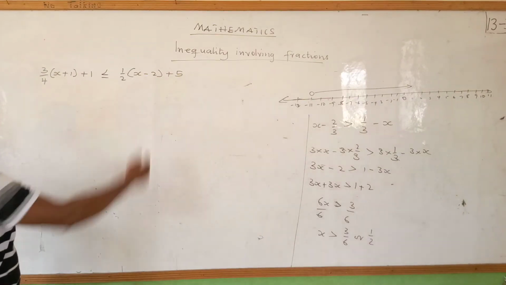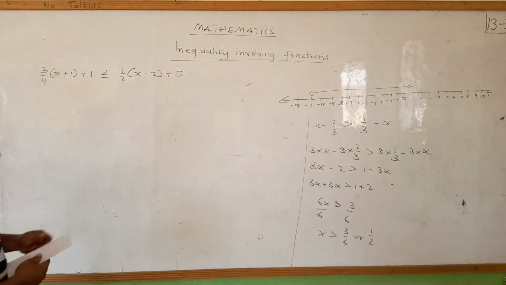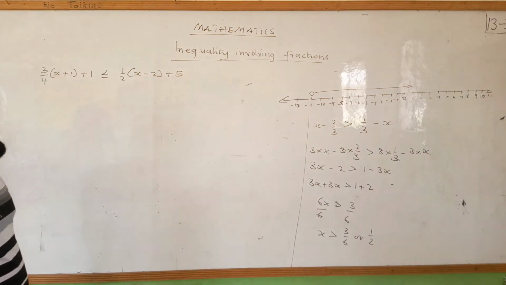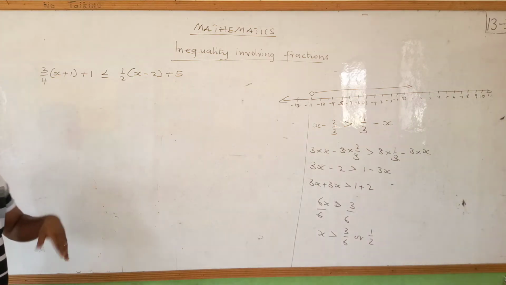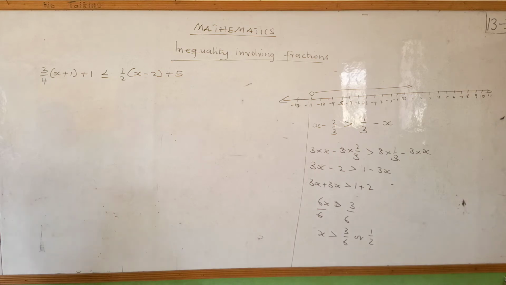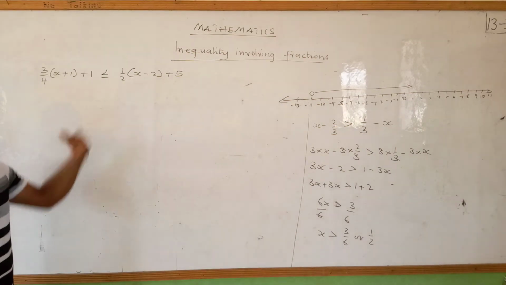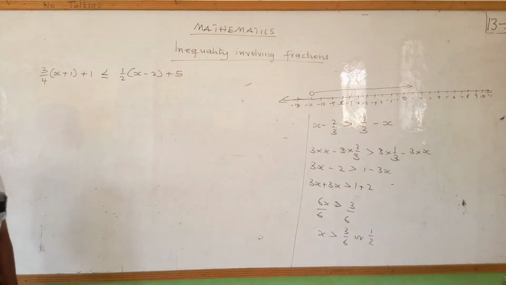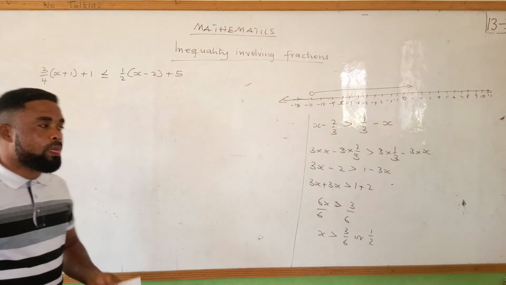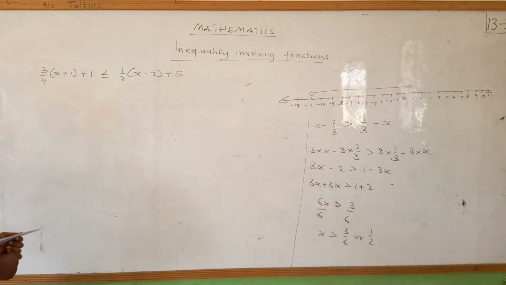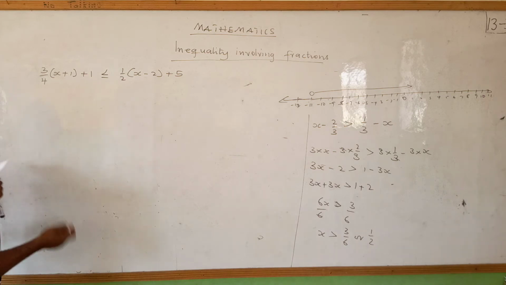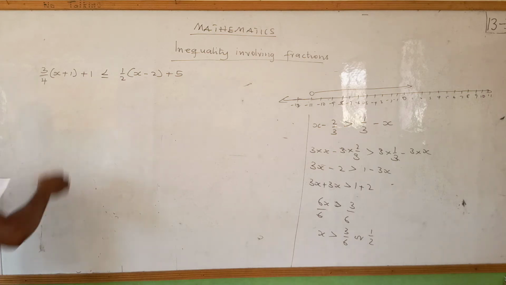So, as you can see, we solve it very, very simply. So all that you need to do is to find your LCM. Now we have 4 and 2. So the question is, what is the LCM? Our LCM here should be 4. Okay, so we multiply both sides by 4.